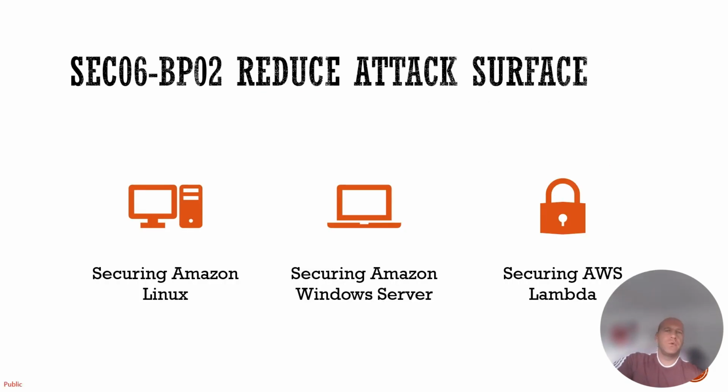So how do we reduce attack surface? When deploying Amazon Linux or Windows servers, it's very important to follow the best security guidance. So we have tools on our radar that we can use to secure those instances. One of the best tools is Center for Internet Security hardened images that we can deploy for our compute instances.